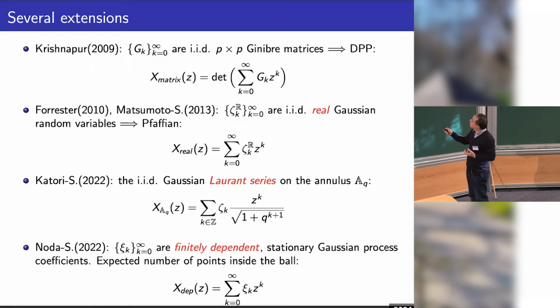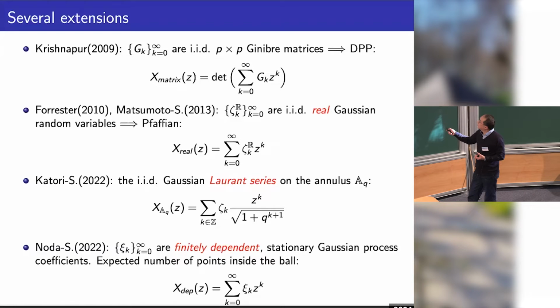Also Forrester, Matsumoto and I considered the real version, in which case the Pfaffian appears. Also Kato and I considered the Laurent series on the annulus, where we consider the Laurent series like this.